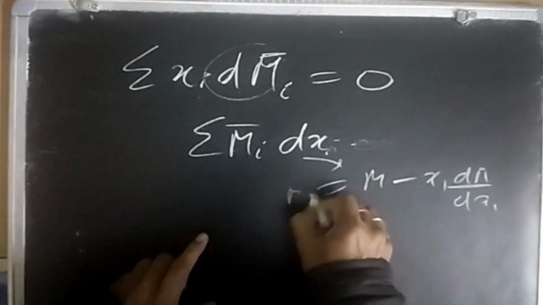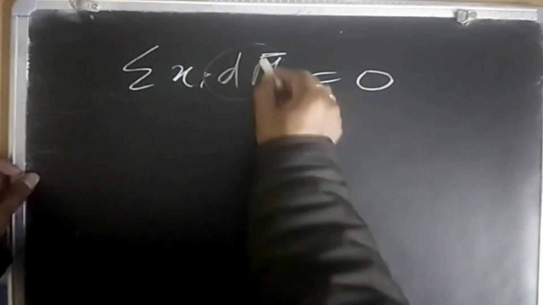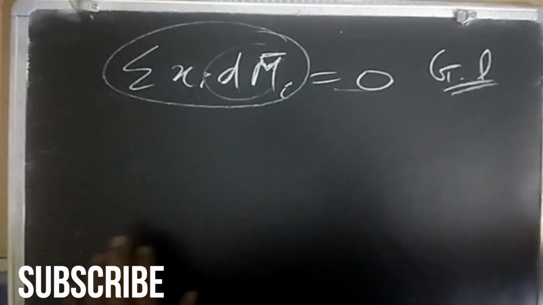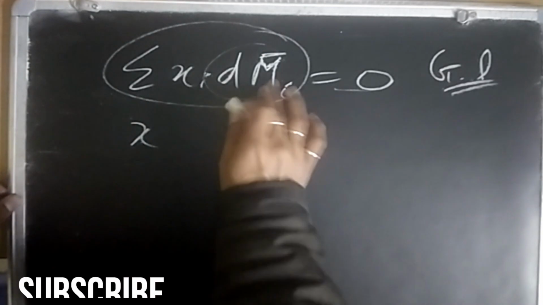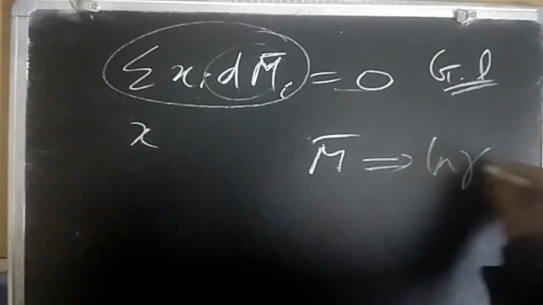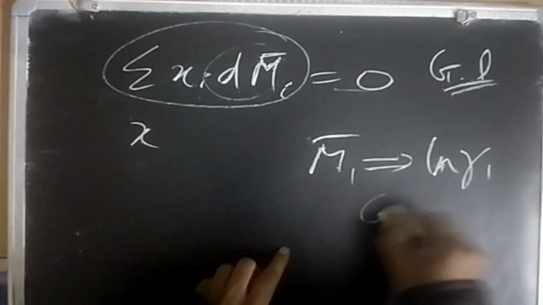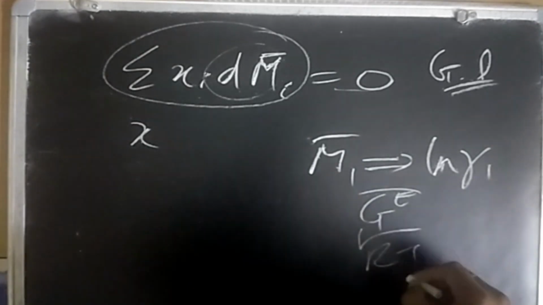But if the differential is with Mi bar, then this is 0. This is the Gibbs-Duhem equation, and we found that this M bar in that case is ln gamma 1, because of Ge bar by RT.